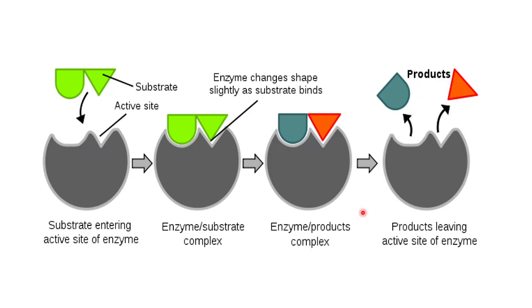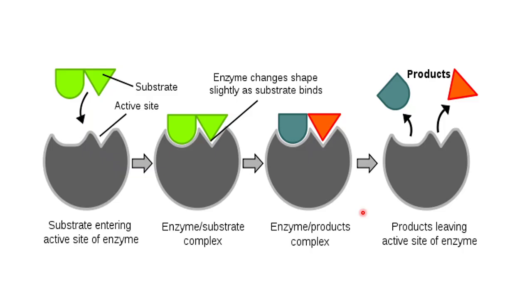Okay, now to understand this, the substrate enters the active site of the enzyme. It can happen in two ways. One is the lock and key model, where the substrate can directly fit into the active site of the enzyme and the activity happens, or it can be an induced fit model where the enzyme does not have that particular orientation to hold that particular substrate.